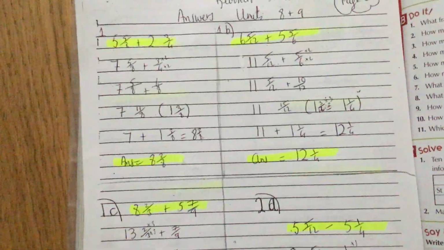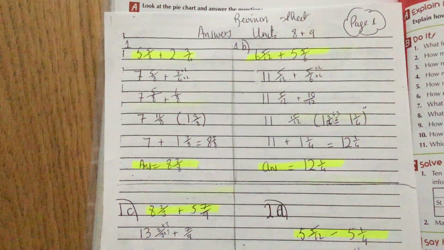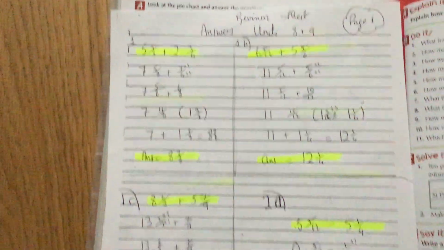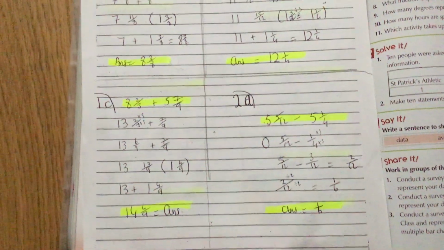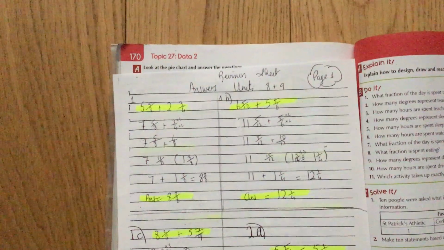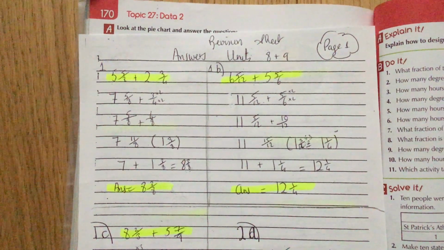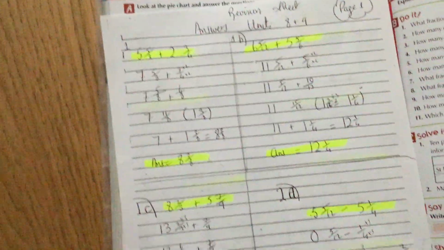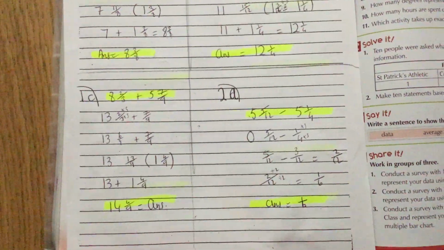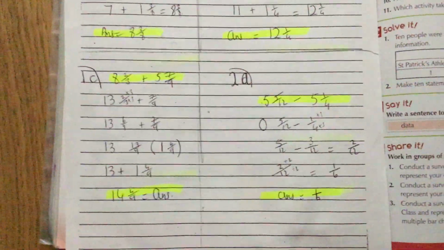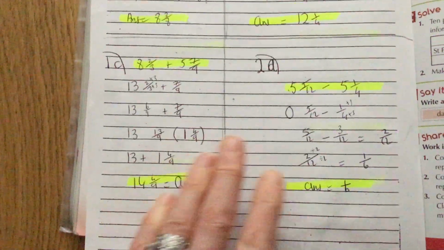Before that, I'd like to revisit your work from yesterday, and this was all about adding mixed numbers. So we have our addition, and we have subtraction. I think, guys, from looking at the addition, they were quite okay to do. I really want to focus in on our subtraction.